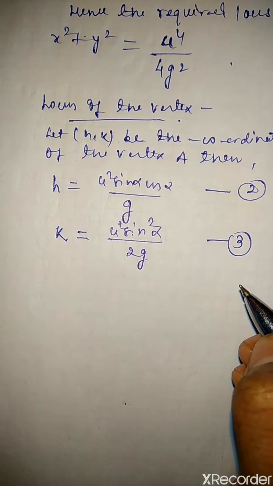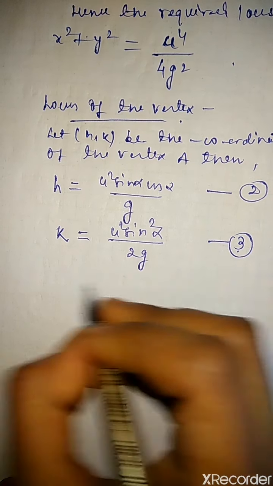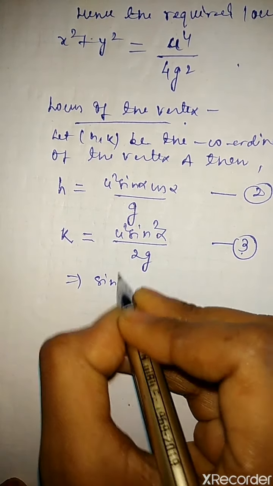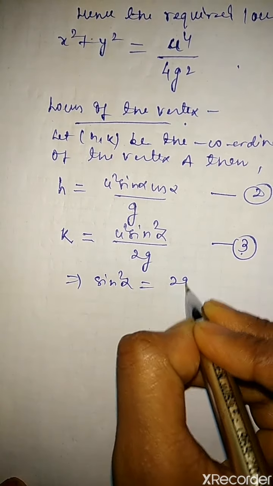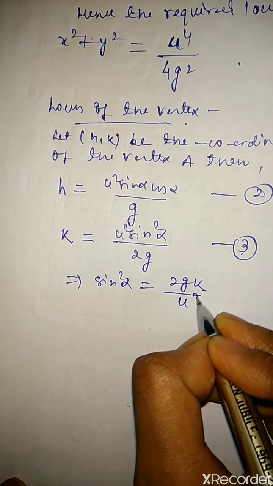Now from 3 we have sin square alpha equals 2gk divided by u square.